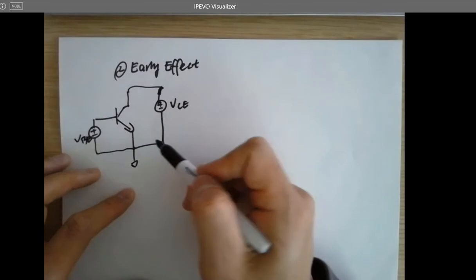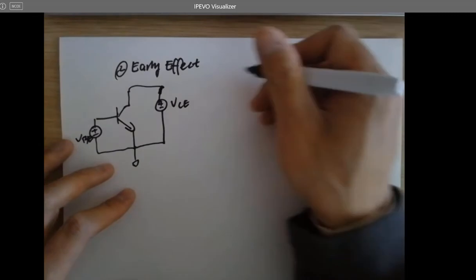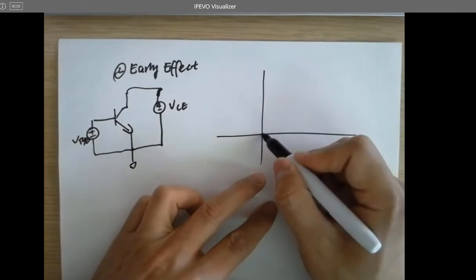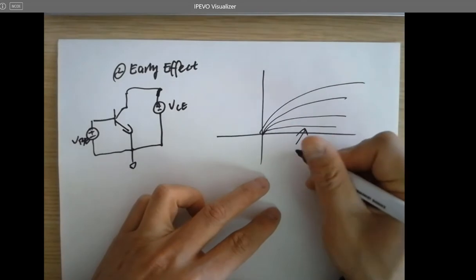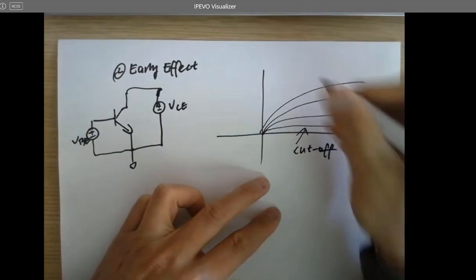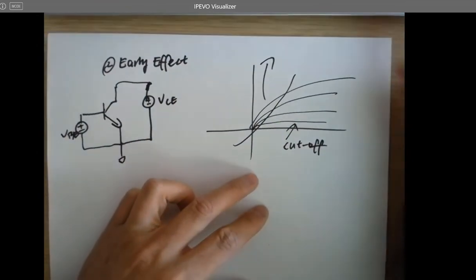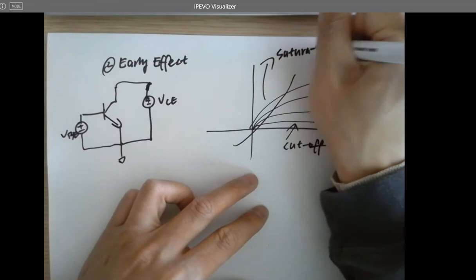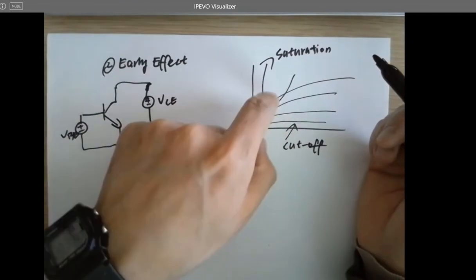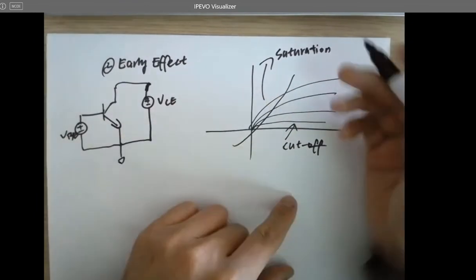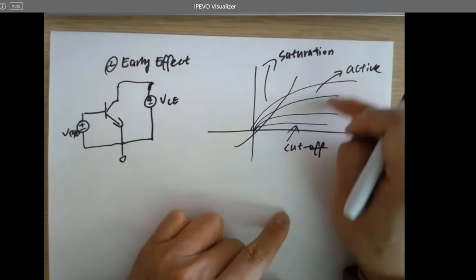In order to operate this NPN transistor in the active mode, remember the active mode? This is cutoff. This is what? Saturation. It's confusing because the saturation in NMOS is here, but in NPN is here. This is active, and you want to operate this NPN in this region.